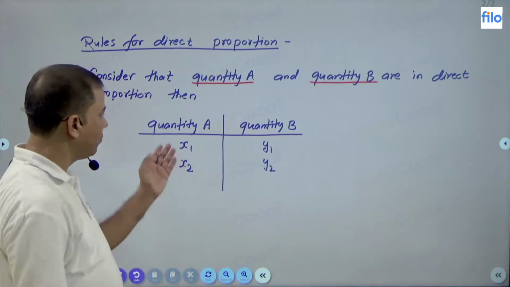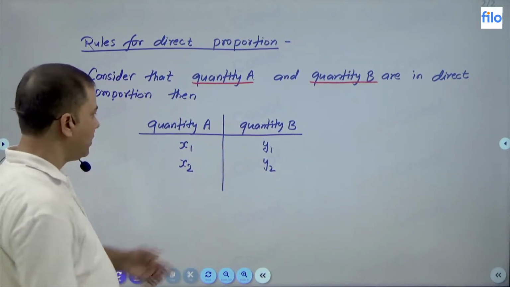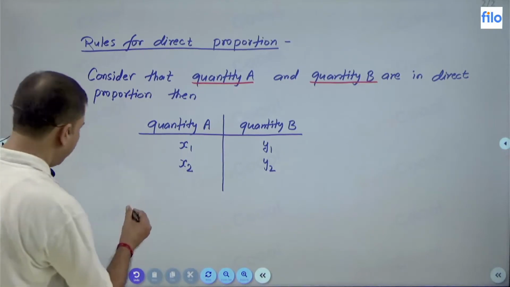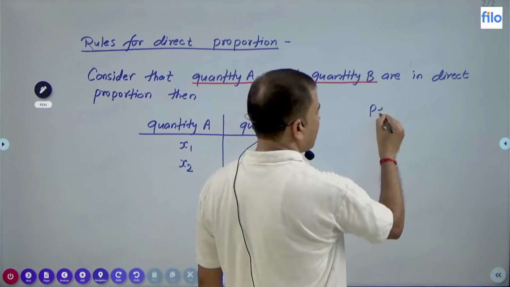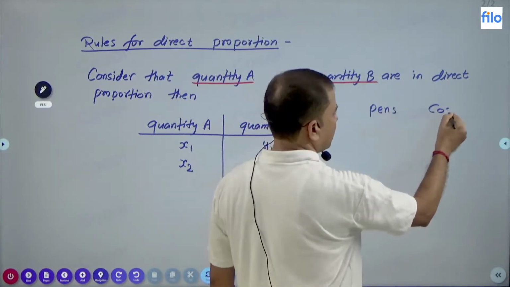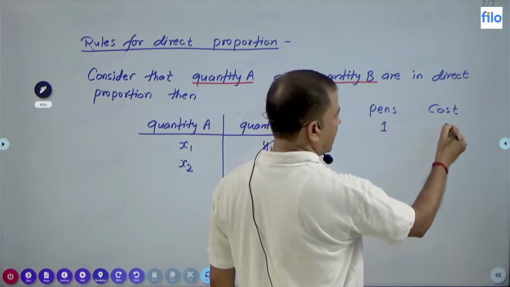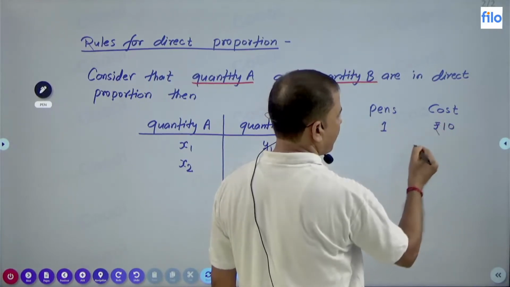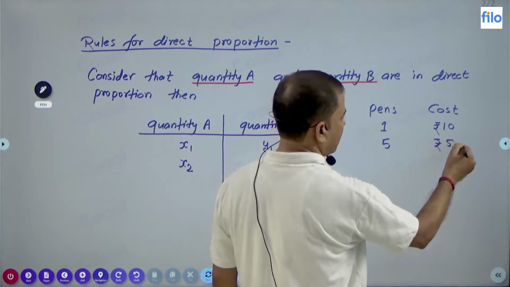You might be thinking, what are these things? x1, y1, x2, y2. Actually, this is similar to the previous case. In the previous example, we saw pens and cost. 1 pen 10 rupees, 5 pens 50 rupees.